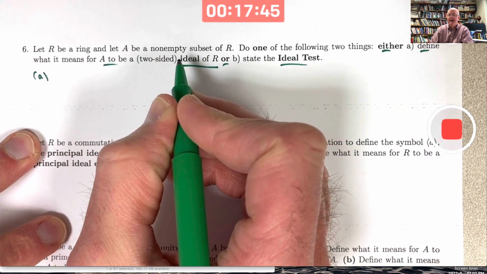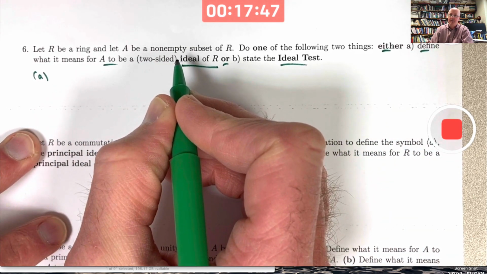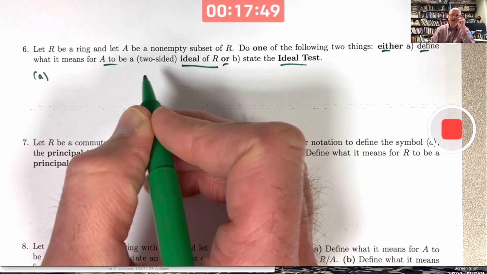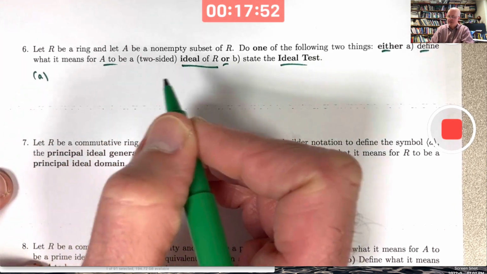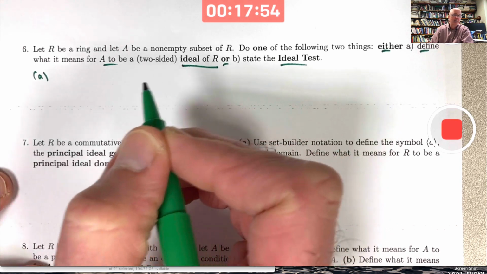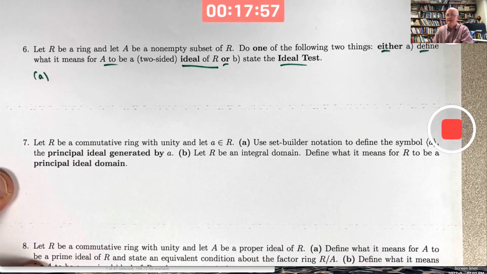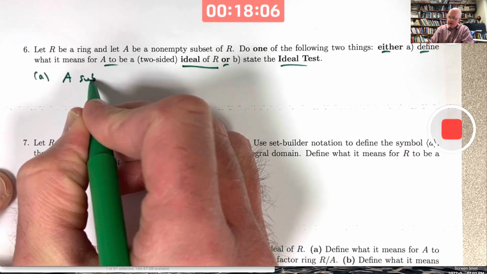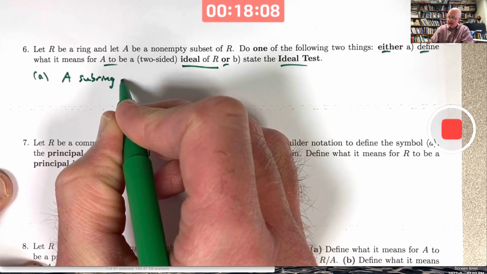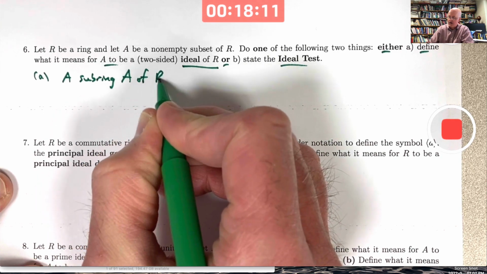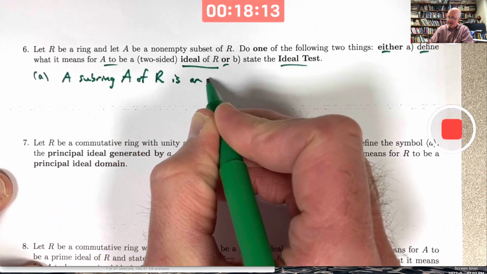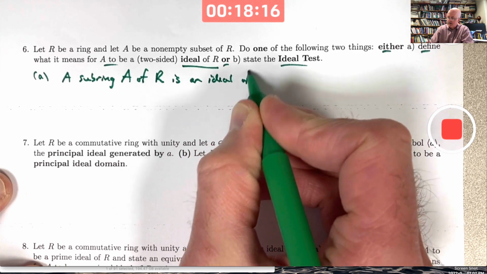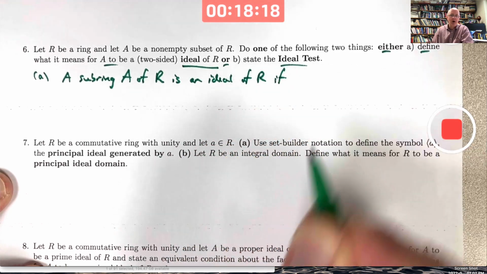Initially here we're assuming A is a non-empty subset of R. Technically speaking, to make this definition as efficient as possible, we assume A is a subring, which is analogous to a subgroup. It's a subset of R that is also a ring under the ring operations of addition and multiplication. A subring, so this is the definition, A of R is an ideal of R if what?